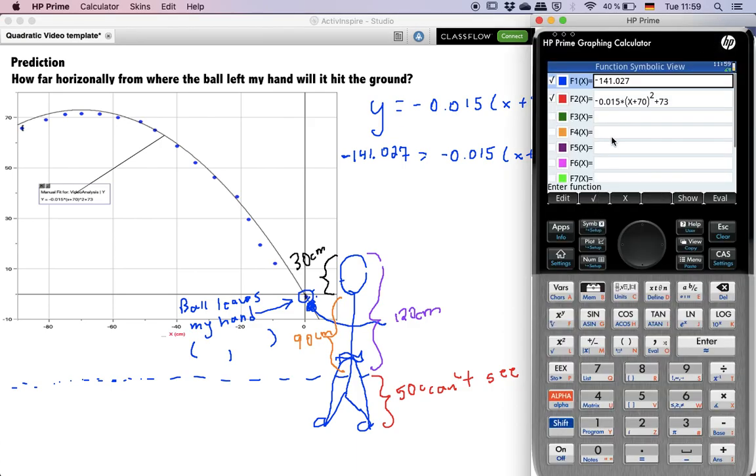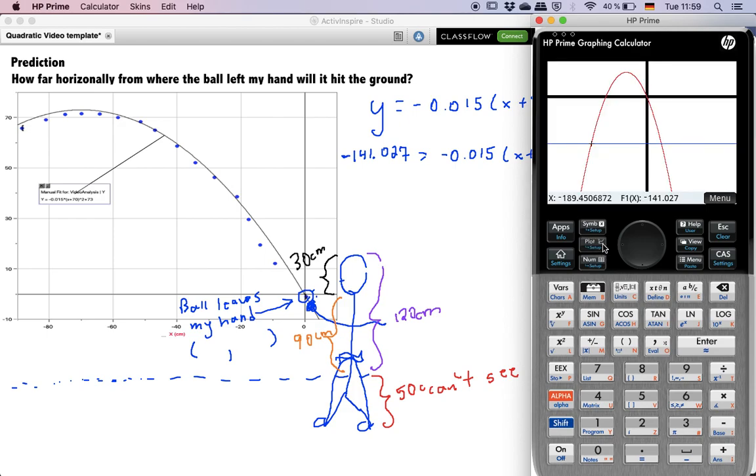Okay, so we've set this already up, minus 141, and you'll show your steps. So I've plotted, and we don't care about that one because that would be over here, so we didn't throw it from there. The ball left my hand here, comes and meets down here. Great. Okay.